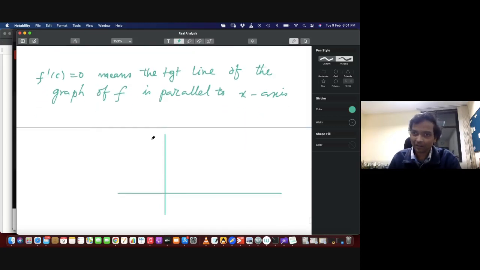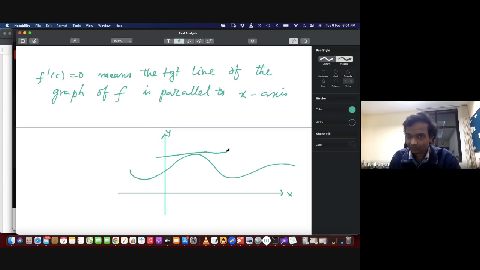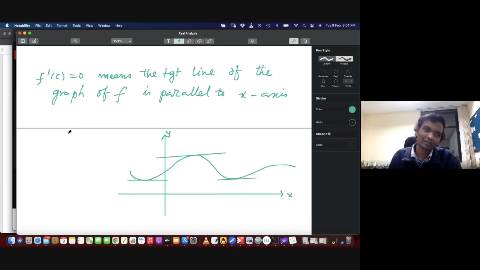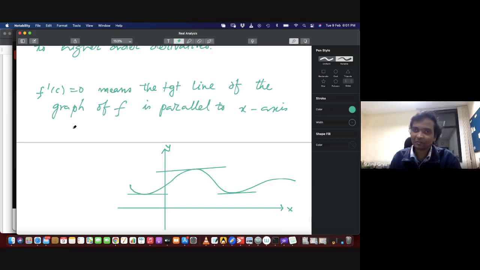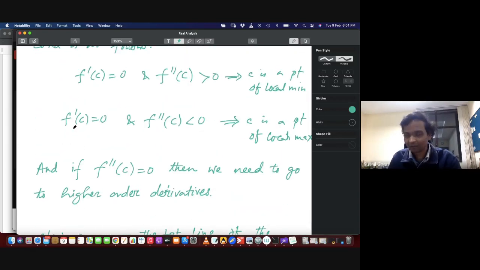Here what I was drawing means the tangent line is parallel to the x-axis. Right, parallel to the x-axis. So next time we'll see the corollaries. Most of the mean value theorems will come from here. So this is the fundamental result in this case.